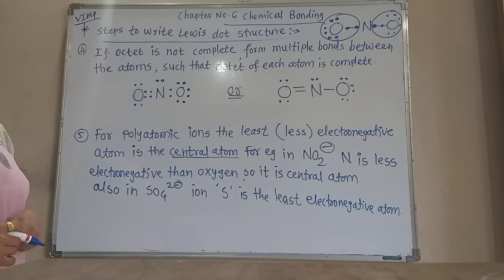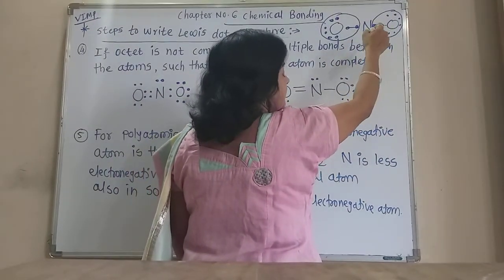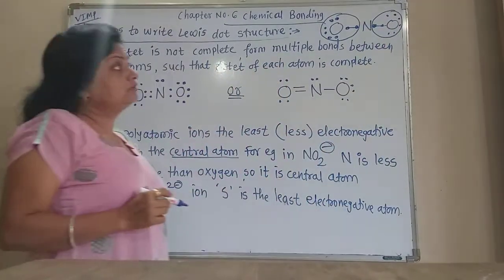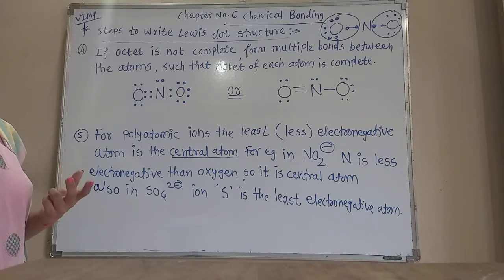But on nitrogen there are only 4 electrons, and the remaining 3 electrons of nitrogen are still there, and again 1 electron for the negative charge.